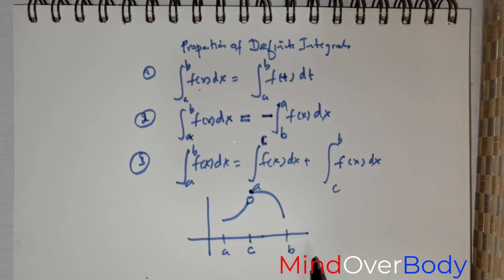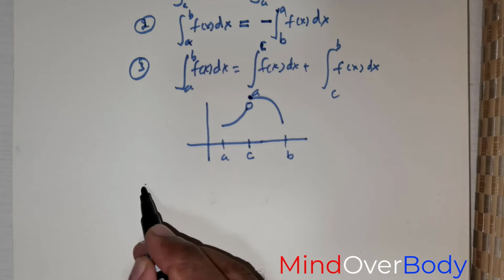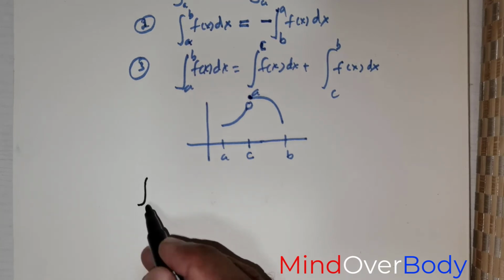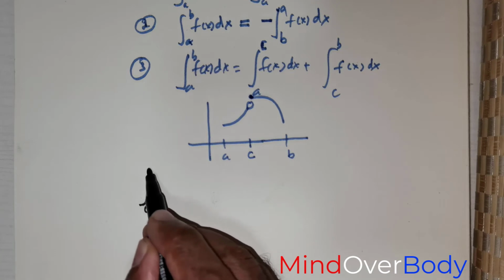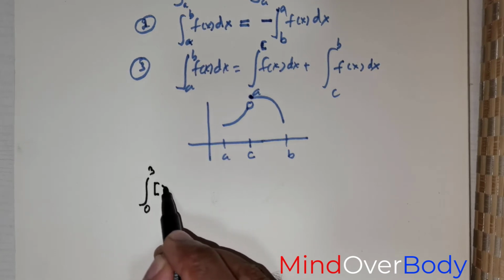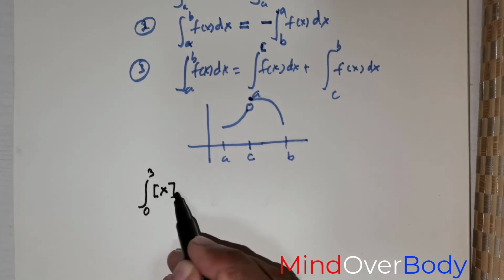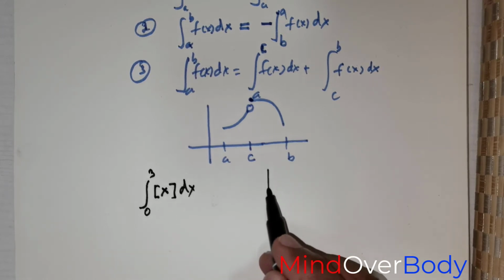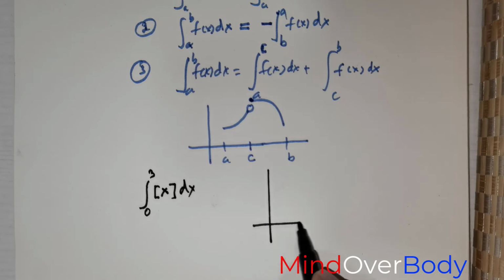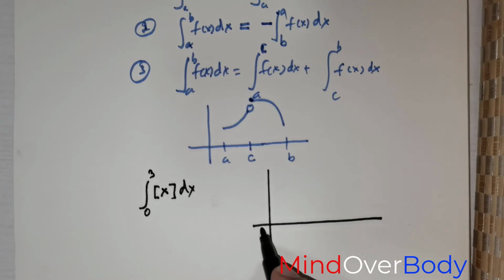So let me demonstrate this concept using an example. We are expected to integrate this quantity, integral 0 to 3 of the greatest integer function. Now if you were to draw the graph for the greatest integer function stretching from 0 all the way up to 3, you will make the following observations.